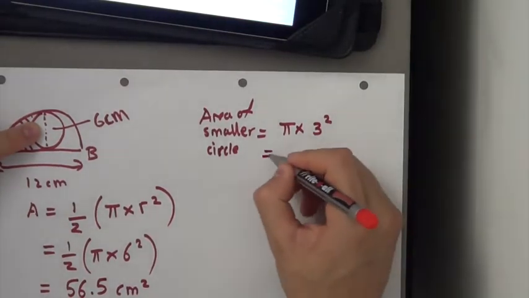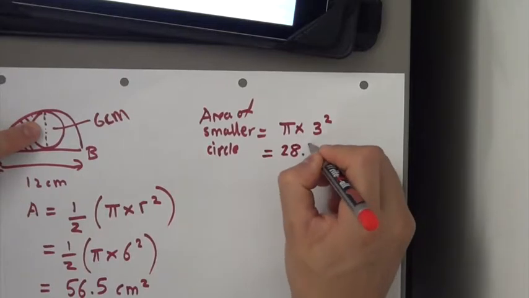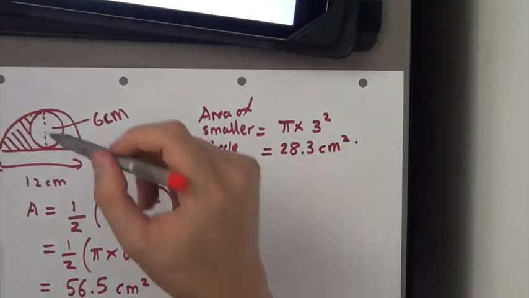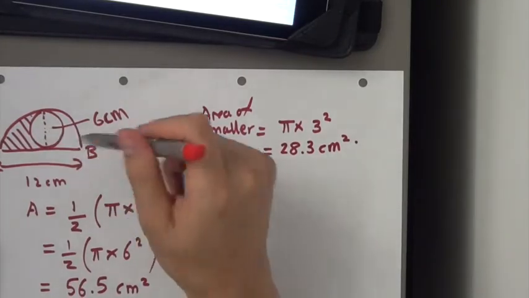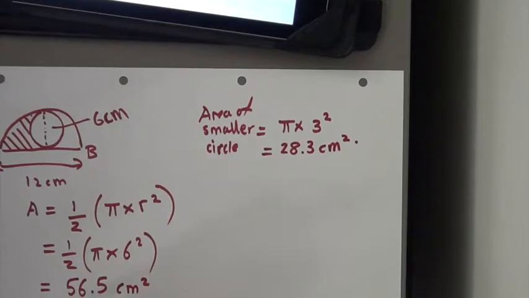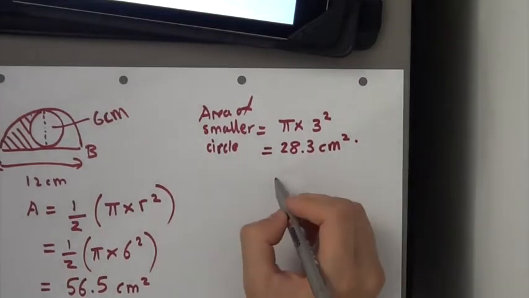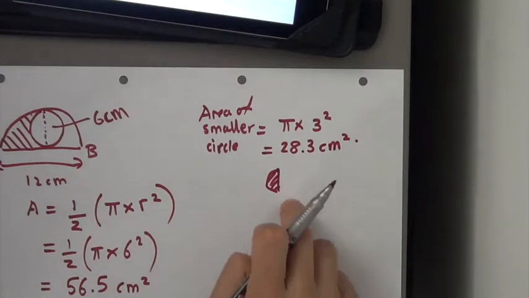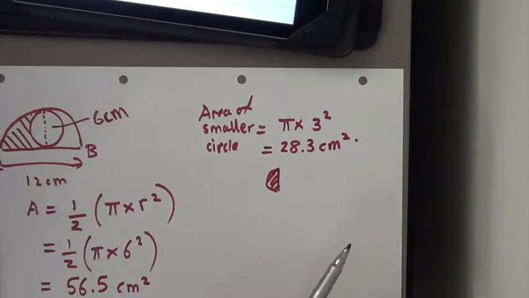And this is equal to 28.3 centimeters squared. But I just want half of that, because I'm going to half this to give me this area here, and half this to give me this area here, and then subtract this from this to give me the area of the shaded area.